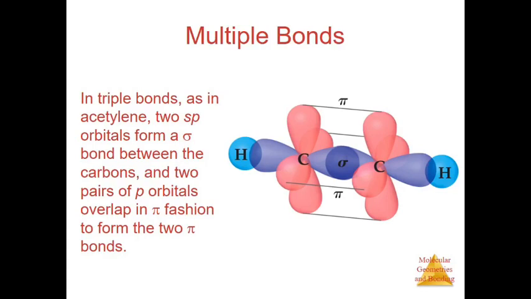And because of the triple bond, you will have one sigma and two pi bonds, because this is C2H2. We have two central atoms, so that's what it'll be around both of the carbons.